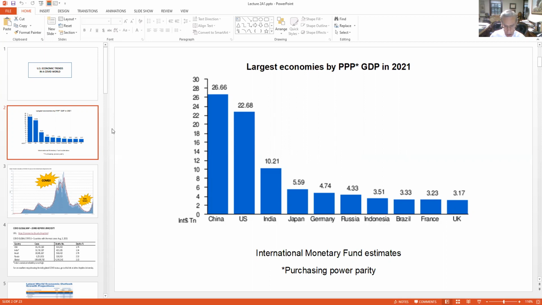Japan's economy used to be considered a very large economy, and in fact it is, and it's quite sophisticated, but Japan is no longer one of the top 3 industrial economies of the world.